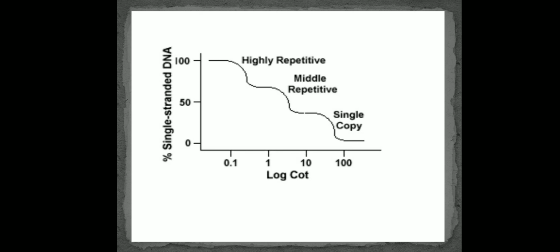This is representing the highly repetitive sequence region, this is representing the moderately repetitive region, and this is representing the unique DNA sequence. Unique DNA sequences means the genes that are present as a single copy. That is called unique DNA. I have taught what is highly repetitive and moderately repetitive in my previous video.